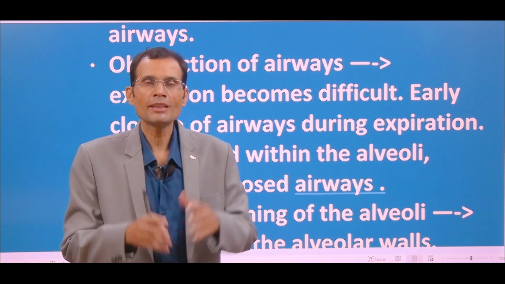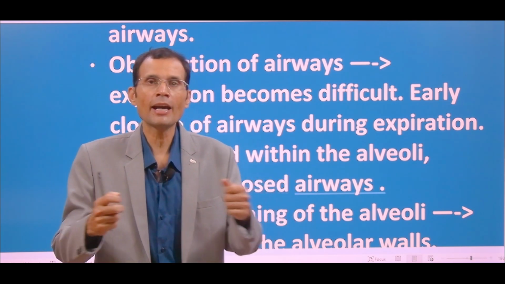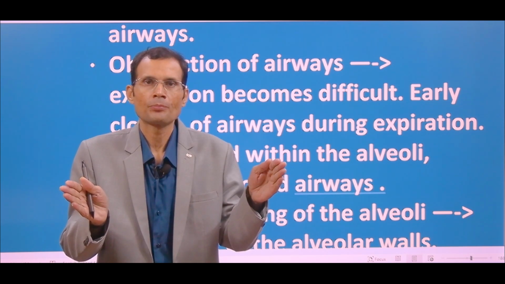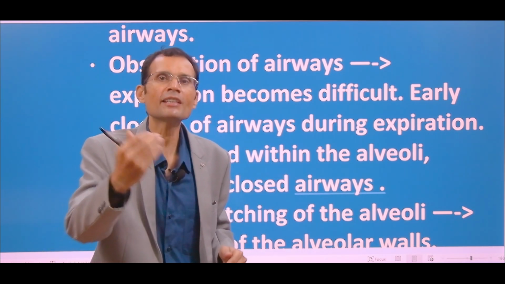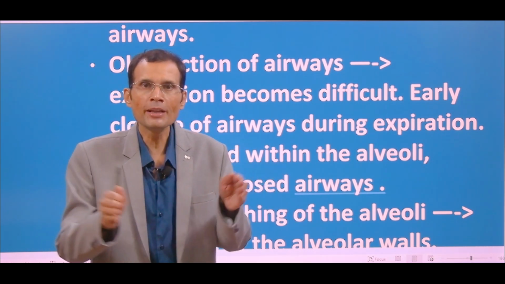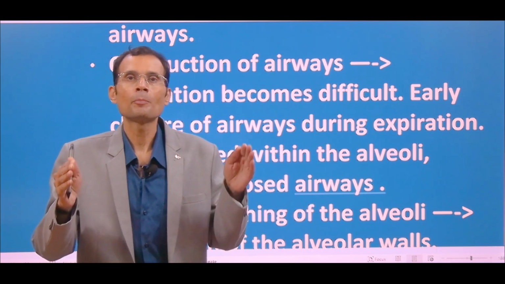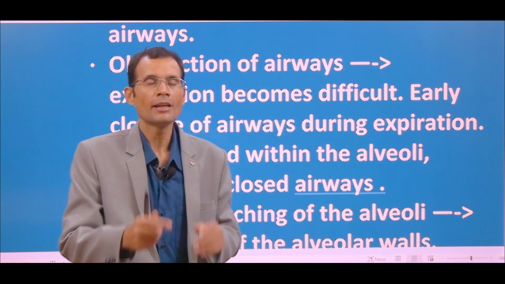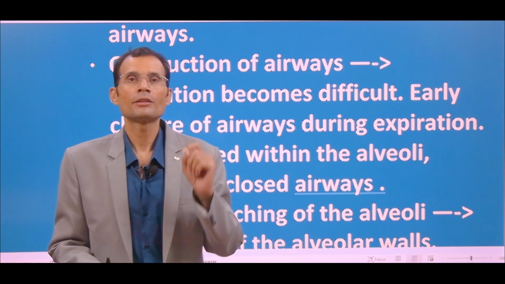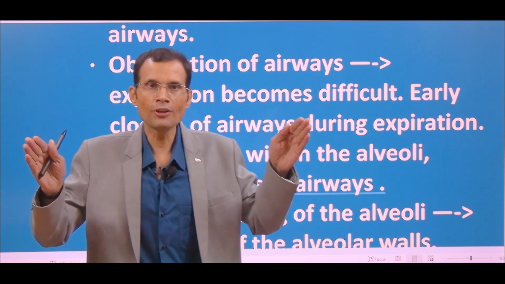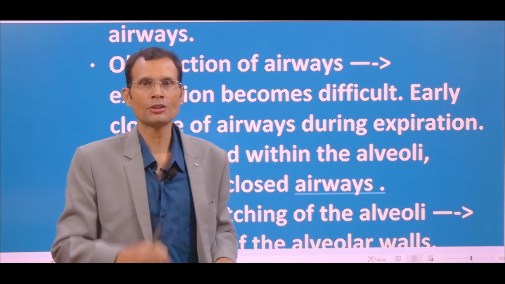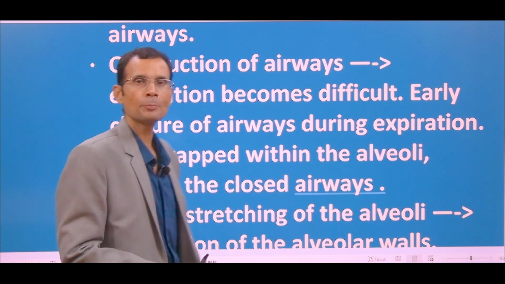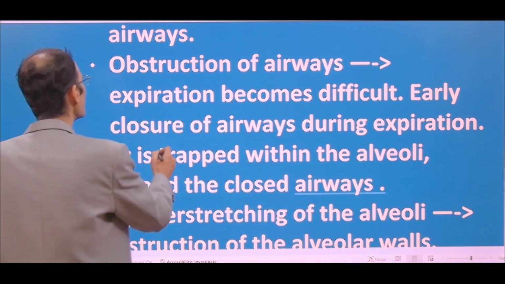It's because with inspiration, the lungs are distending and there is negative intrathoracic pressure, so it pulls open the airways, and therefore inspiration is easier. But with expiration, there is positive pressure plus the recoil of the lungs that compresses the airways. Airways are already narrowed, they are already obstructed, and further narrowing with the expiration. So expiration becomes much more difficult compared to inspiration in the conditions of COPD.